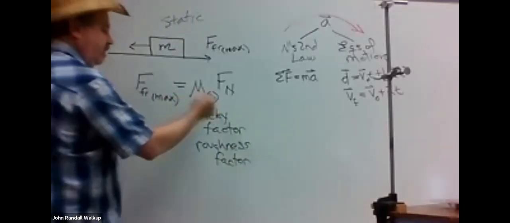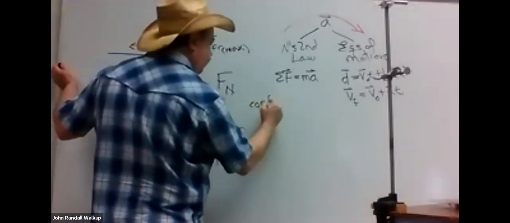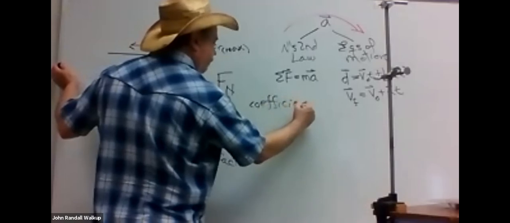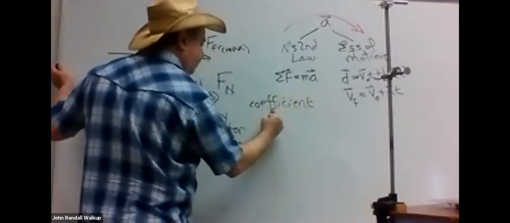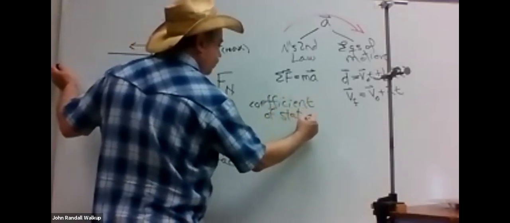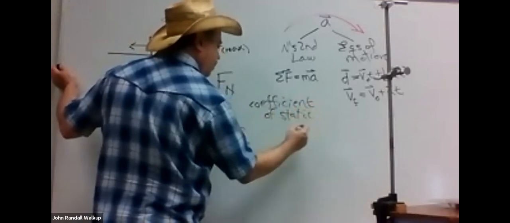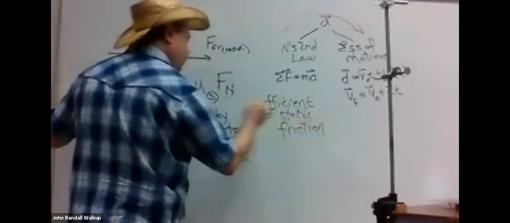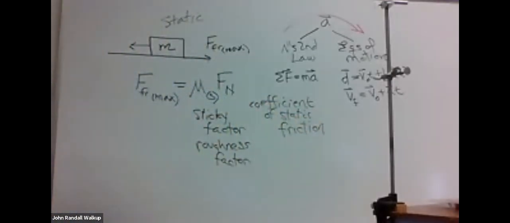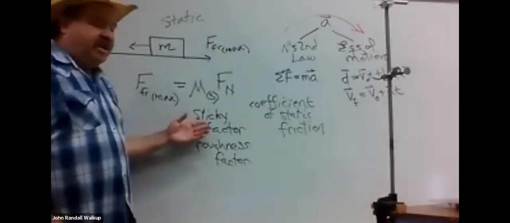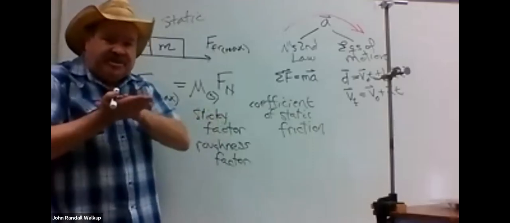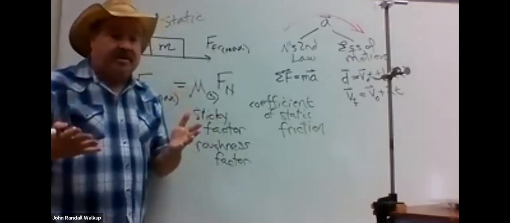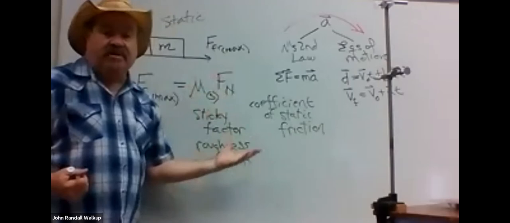I better write this out. This is the coefficient of static friction. But the rougher the surfaces are with respect to each other, the higher the coefficient.